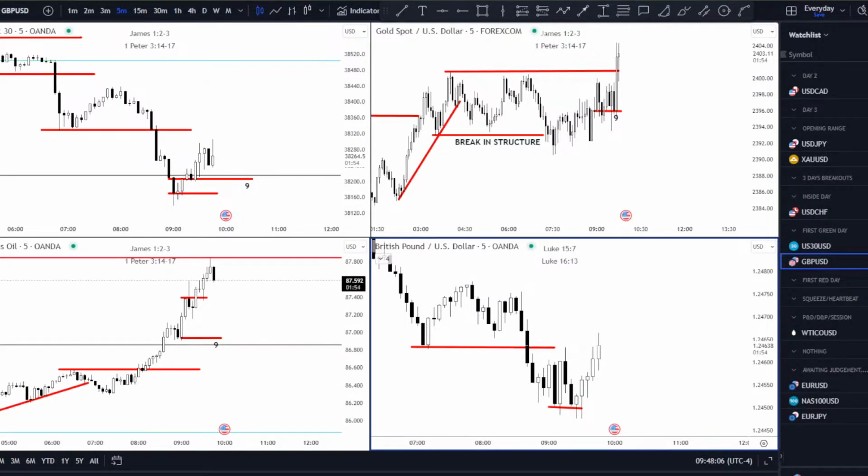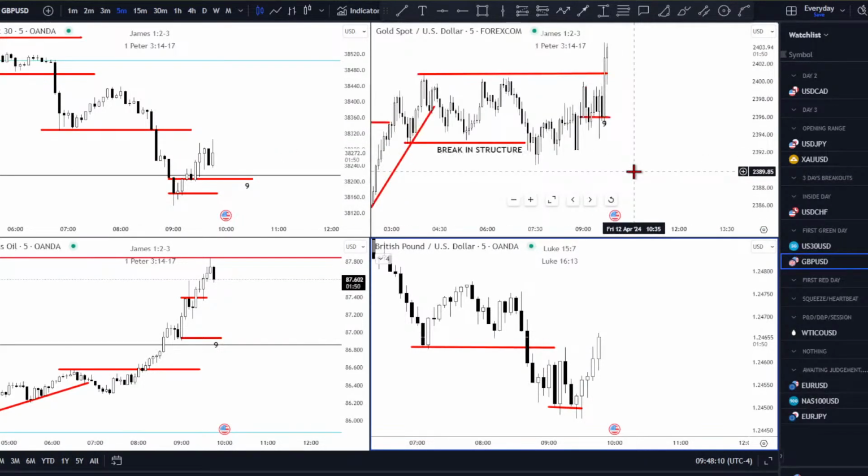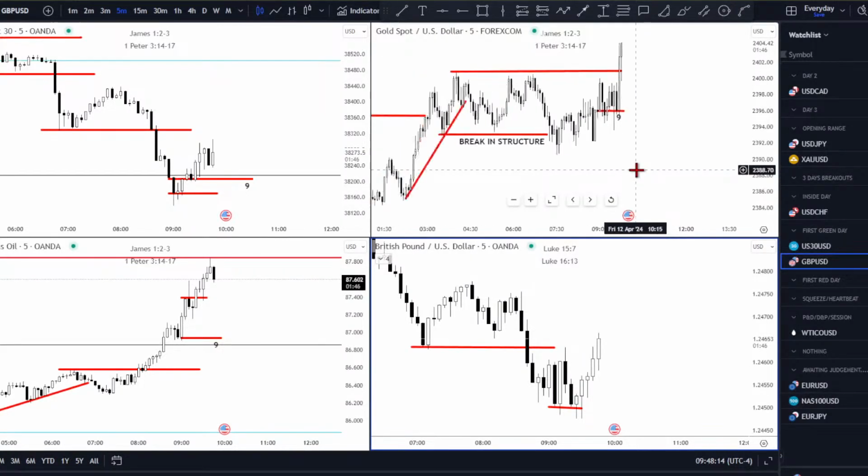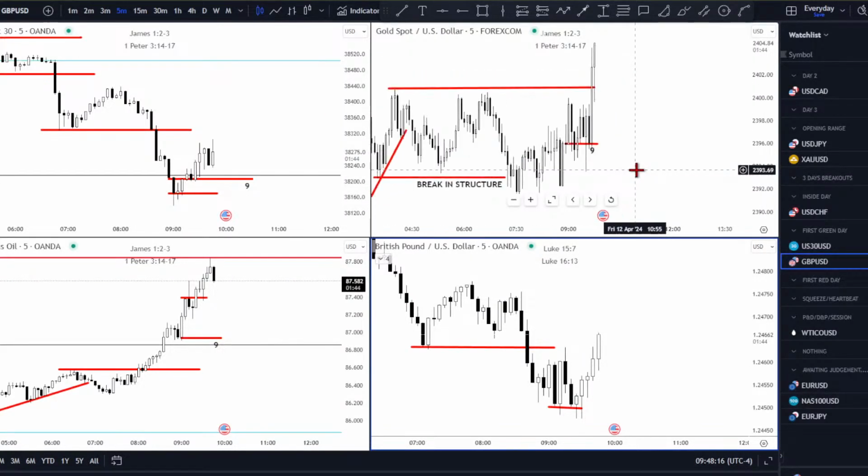Yep, Rim, exactly. They've got to collect money somehow. They've got to fill their orders somehow. Unfortunately, they're piggybacking off the backs of everybody who's wrong.